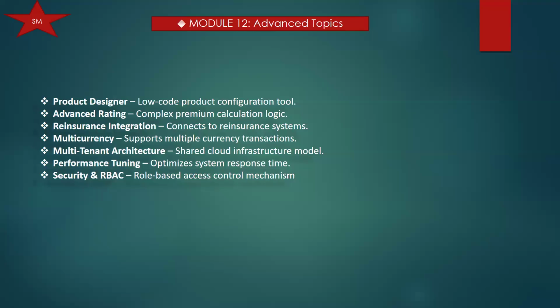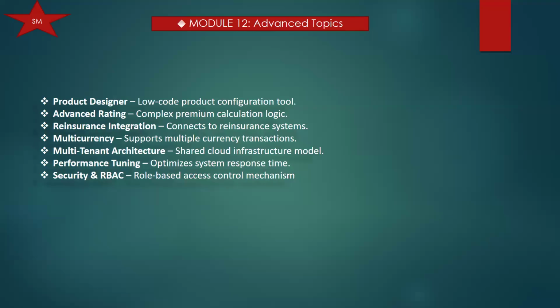Okay, multi-currency system. Multi-currency basically supports multiple currency transactions. Let's say this product will be used globally by different countries. At that time we should implement multi-currency; it should be supported, and you can implement that functionality over here. Then multi-tenant architecture, where a shared cloud infrastructure model is used.